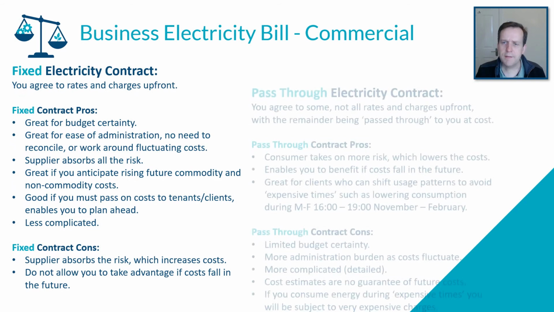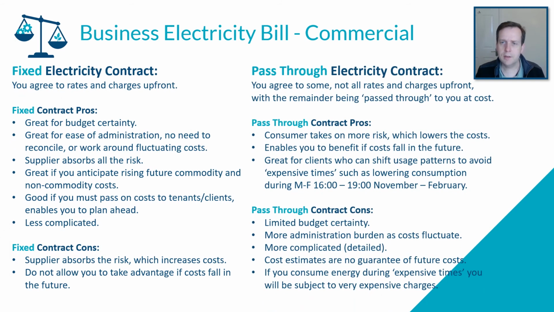So just briefly on 2 commercial types of electricity bill. You have what they call a fixed electricity contract and a pass-through electricity contract. You can pause the screen and read the details, but in essence, a fixed contract sums all those charges together and provides you with a single rate, and that rate won't change during the term of your contract.